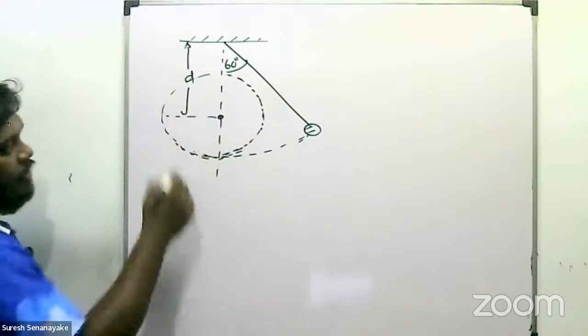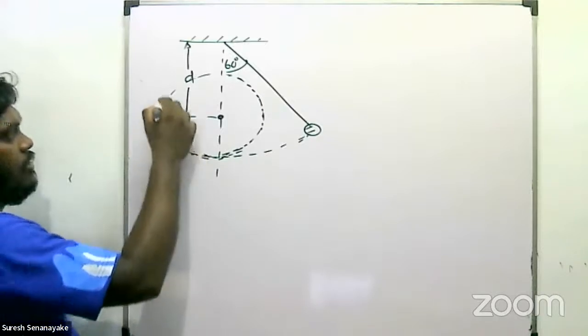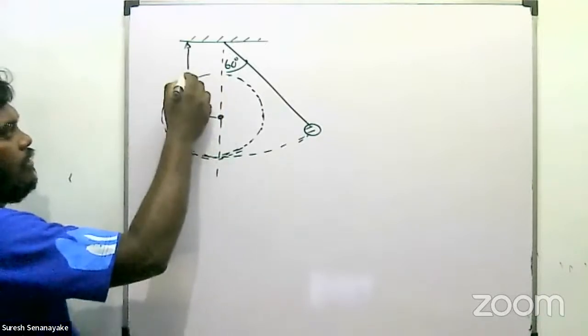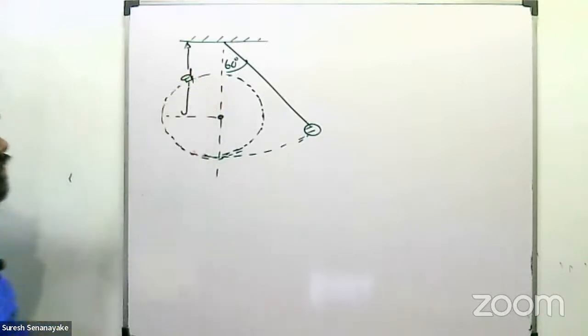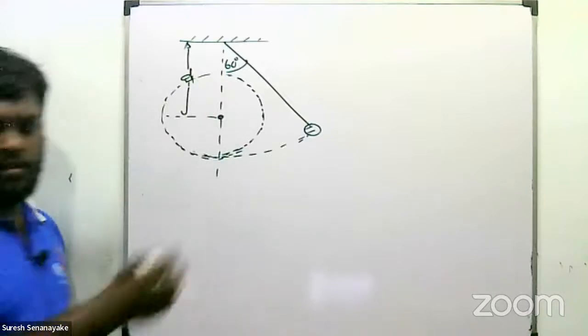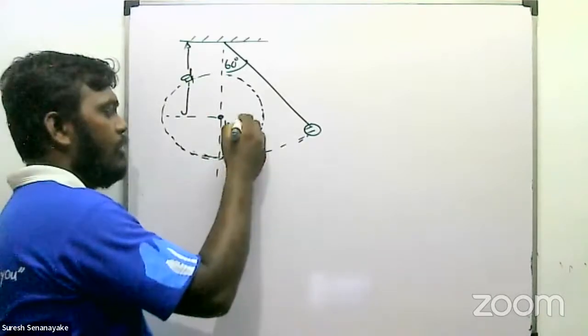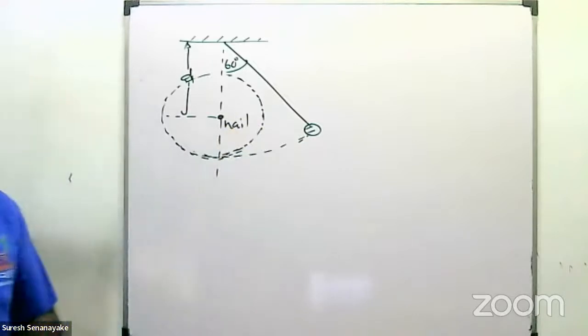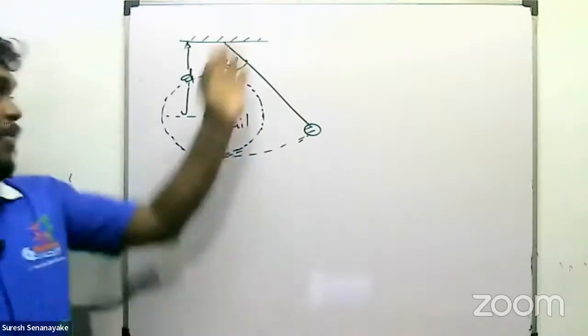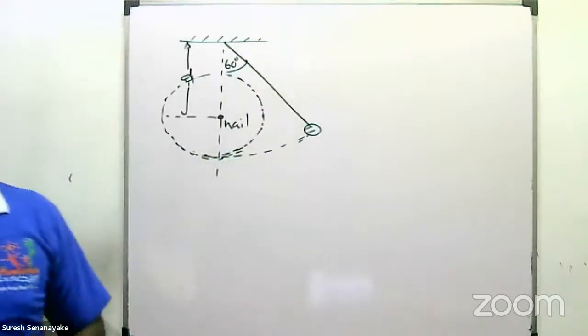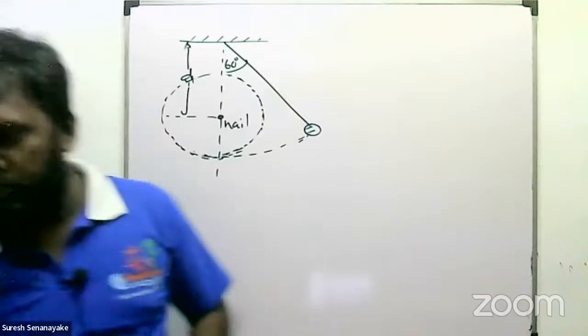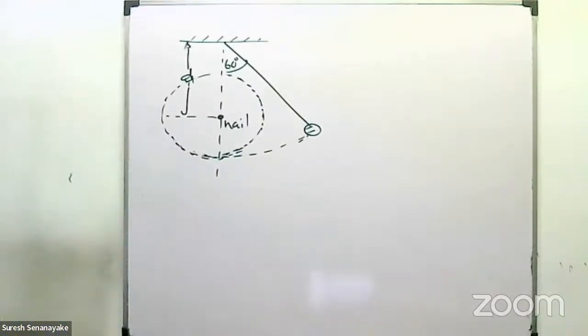They are asking what should this distance d be, for the bob to complete the full circle after hitting the nail?